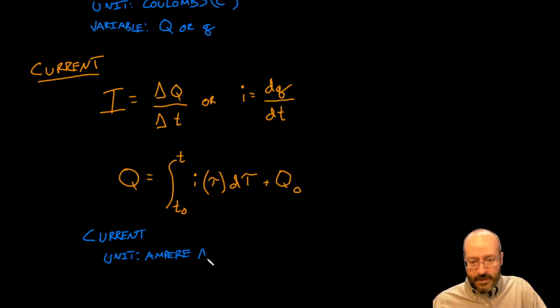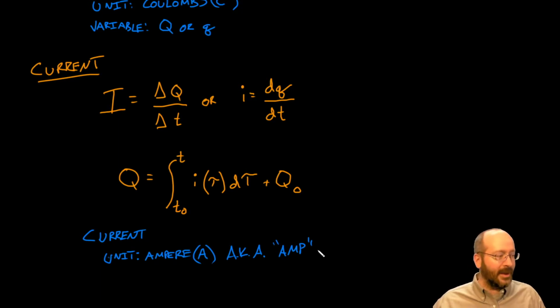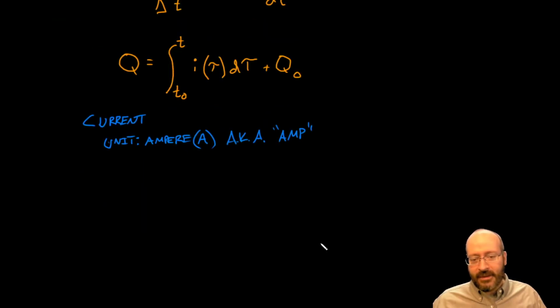Ampere, and he gets a capital A. A lot of times, since we are a little sloppy with language, we call it an amp. We just abbreviate it down to the word amp, which is fine. And you'll hear it. Most everybody I've worked with frequently calls it an amp.